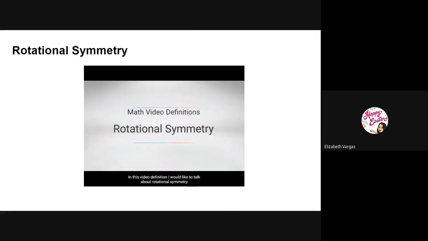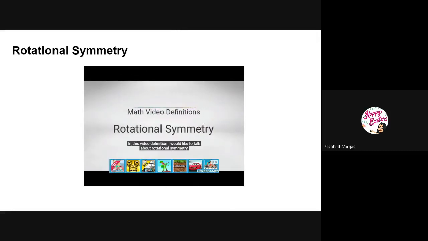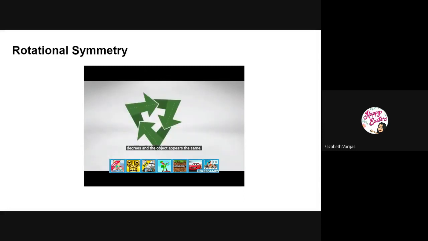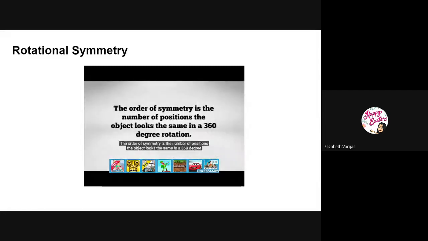In this math video definition, I would like to talk about rotational symmetry. Rotational symmetry is when an object is rotated around the center point a number of degrees and the object appears the same. The order of symmetry is the number of positions the object looks the same in a 360-degree rotation.